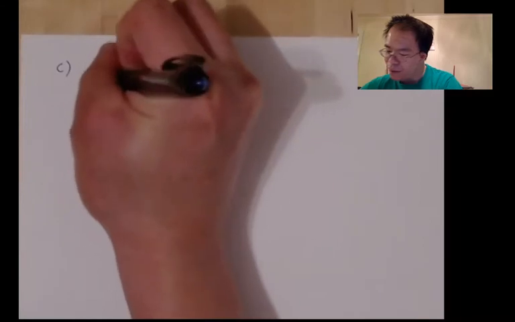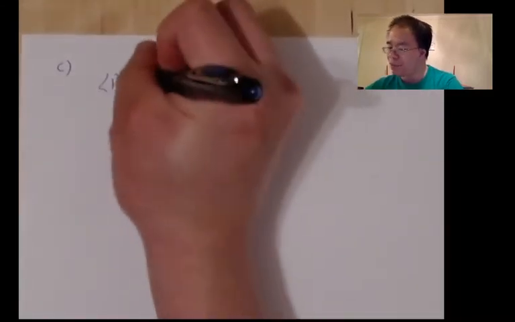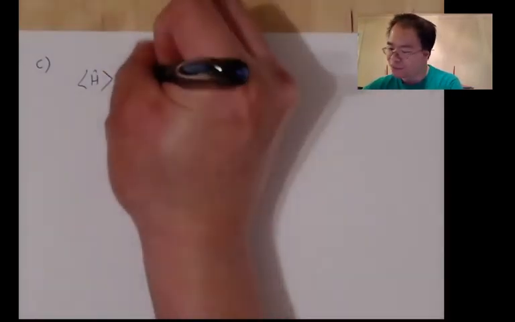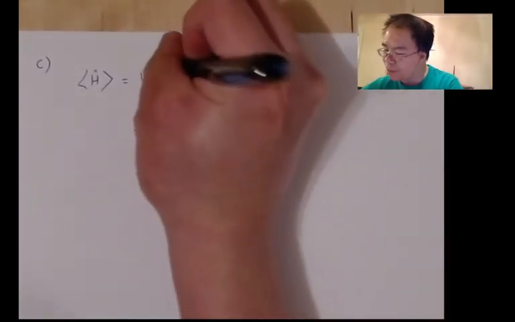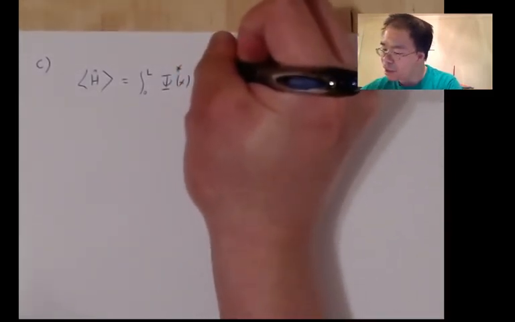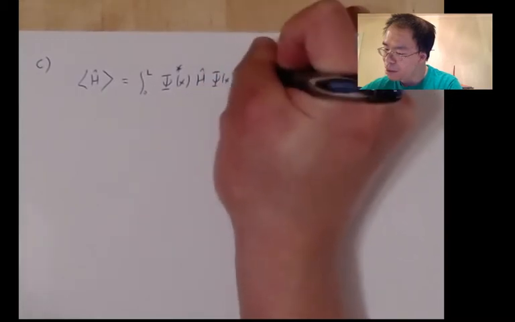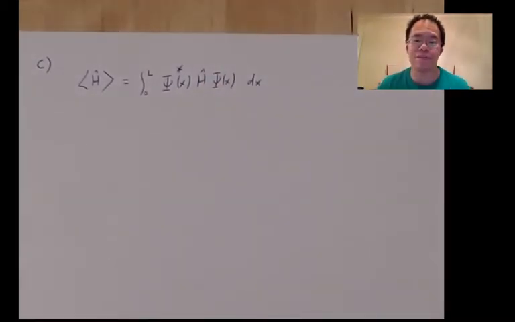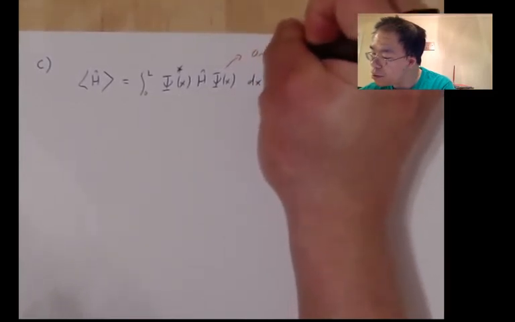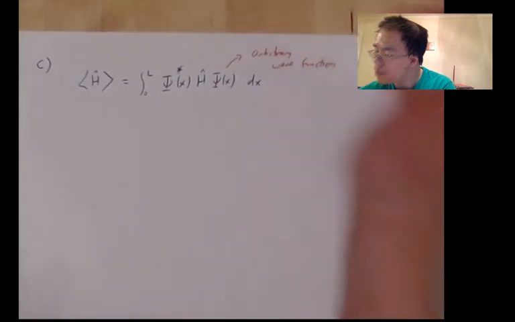So I want to find the expectation value of my Hamiltonian, which, if you believe the formalism for calculating expectation values I introduced a while back, is going to take the form, for some arbitrary wave function, psi star H psi, integrated over all space, or since we're assuming an infinite square well here, the wave functions are only non-zero between 0 and L. Let me just indicate that this is my arbitrary wave function. Okay.